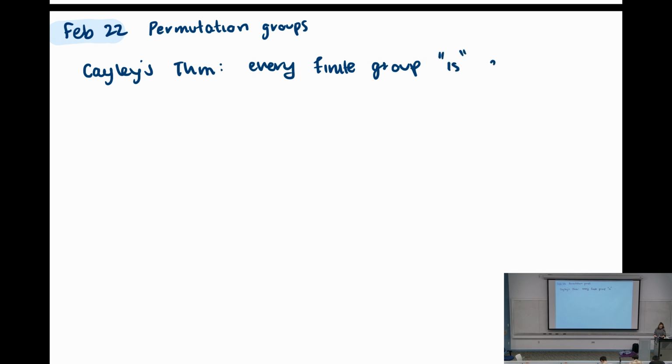This is building up to something that we'll prove next Monday called Cayley's theorem, which says that every finite group is, and I'm going to put "is" in air quotes, a subgroup of a permutation group.